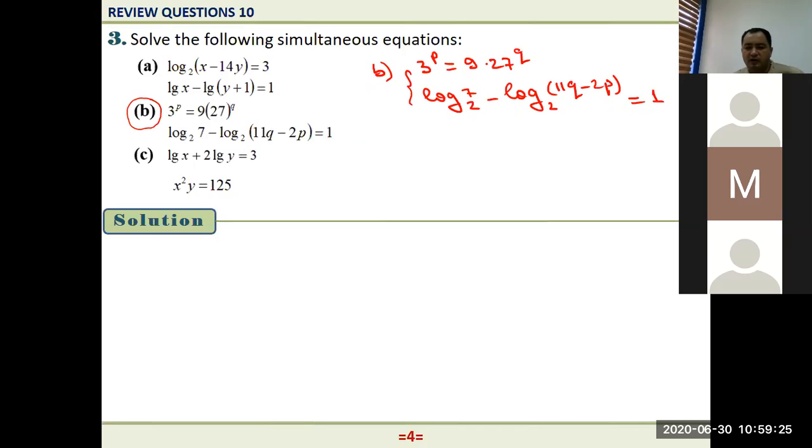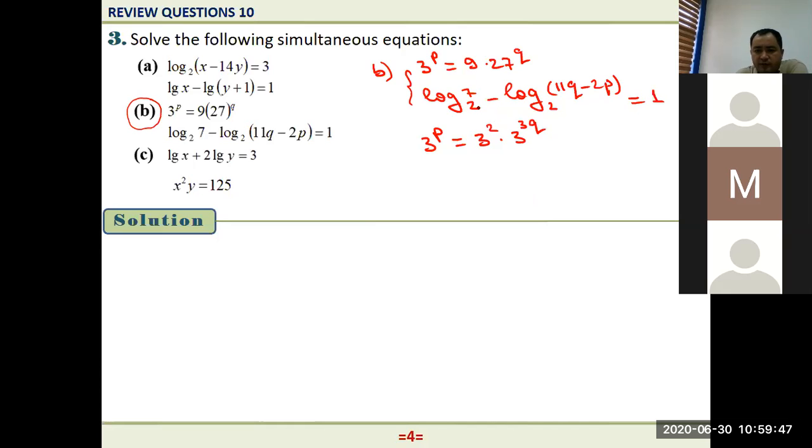As you know, to solve logarithmic equations, we need to convert them into exponential equations. Then we can solve it, right? The first part is fine. Here we can simplify this: 3 to the power P. On the right hand side, we have 3 squared times 27, and 27 is 3 cubed. So 3 to the power 3Q, right?